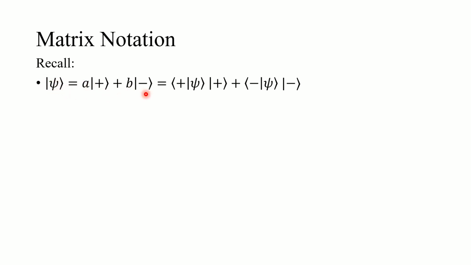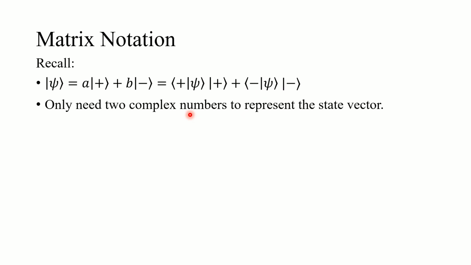And these coefficients A and B can be written as the inner product or the projection of that generalized ket onto that basis bra or onto this basis bra. What that means is we really only need two complex numbers for a state in this two-dimensional Hilbert space to represent that state vector.